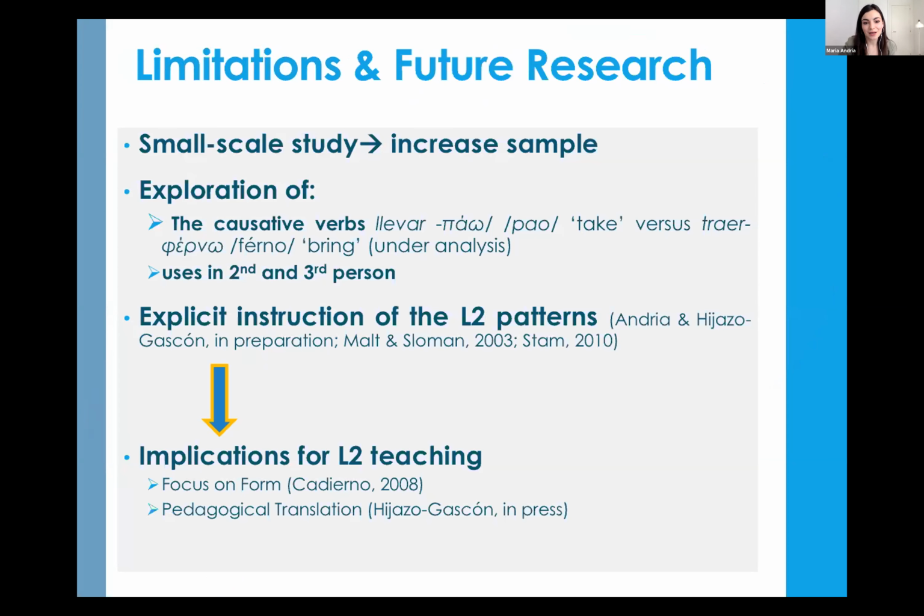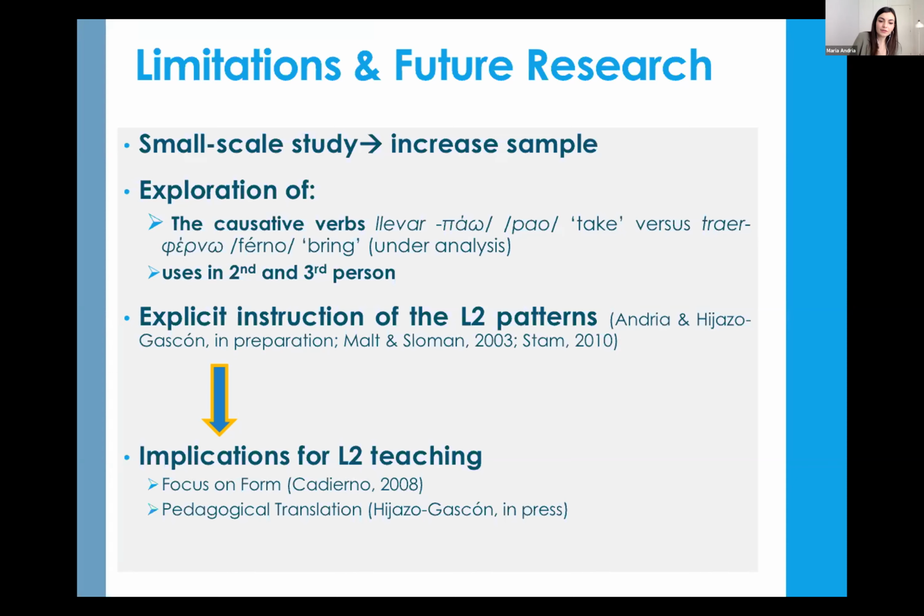We also consider that it would be very interesting to explore not only the verbs to come and go, but also the causative verbs bring and take, llevar, traer, pao, ferno, which is something that we are currently working on. And it would also be very interesting to include in the tasks the uses of second and third person, since our instruments only included the use of the first person.